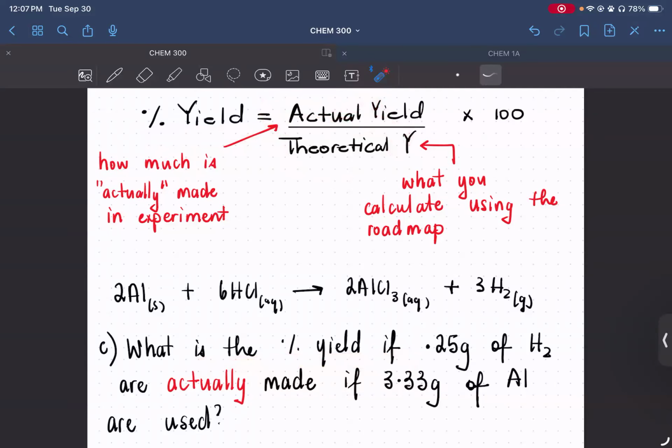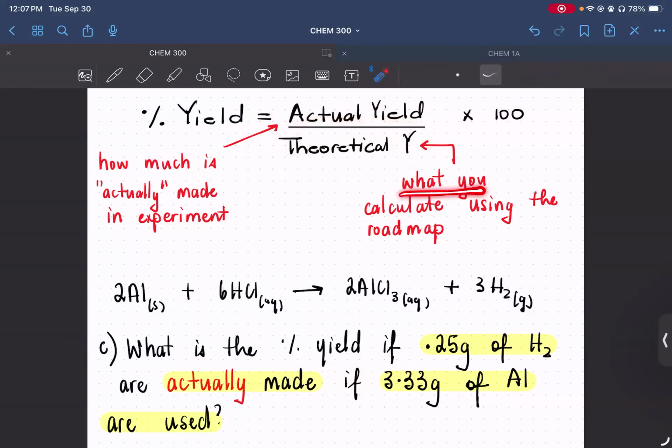I have told you that 0.25 grams of hydrogen are actually made. So we already have our actual yield. And I've given you information about another chemical. All that's left is to calculate the theoretical yield.